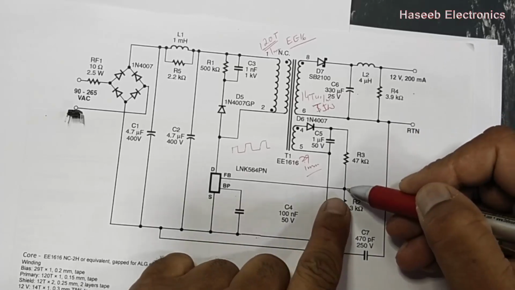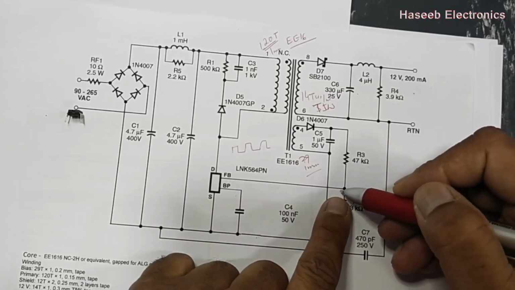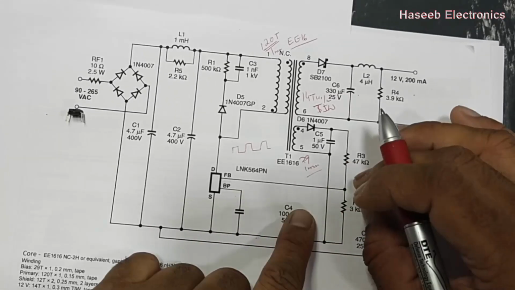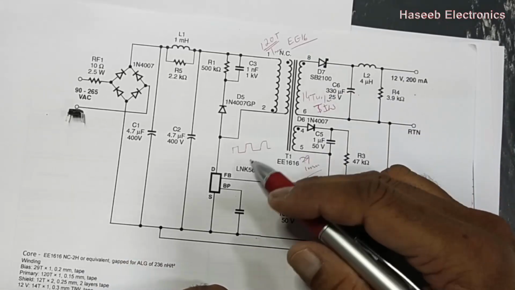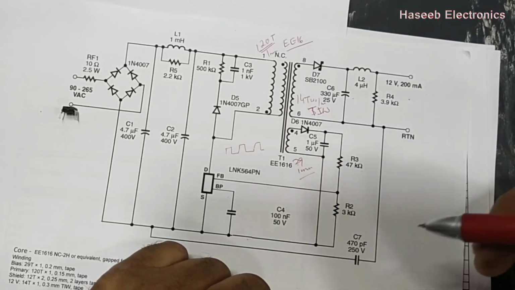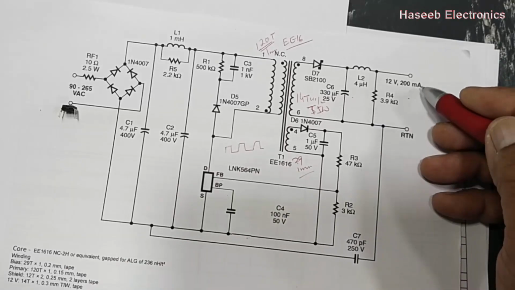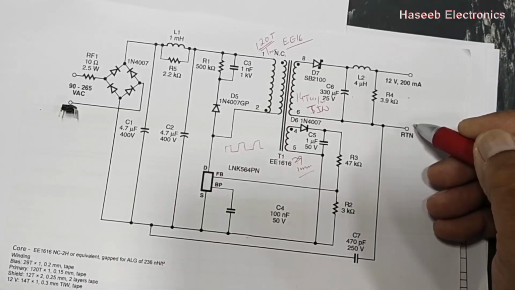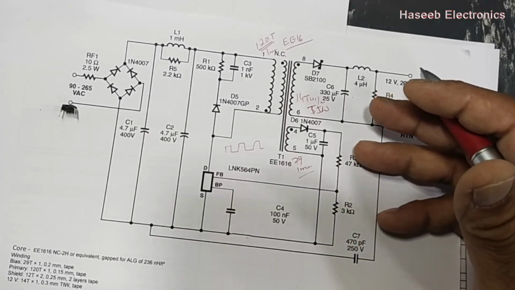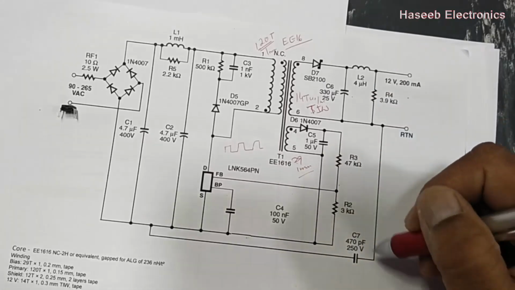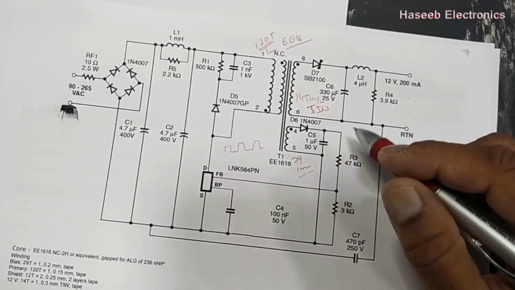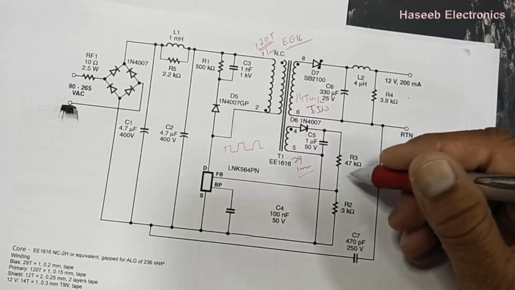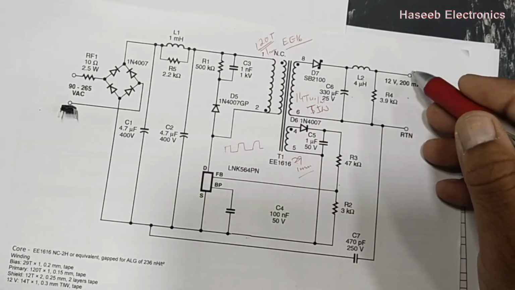Anytime the feedback voltage drops below 4.8 volts for 100 milliseconds, this IC will go into reboot mode. That means either the output circuit is overloaded or, due to any reason, if the voltage is dropped, it will start to fluctuate. We have to check this circuit or the output circuit.